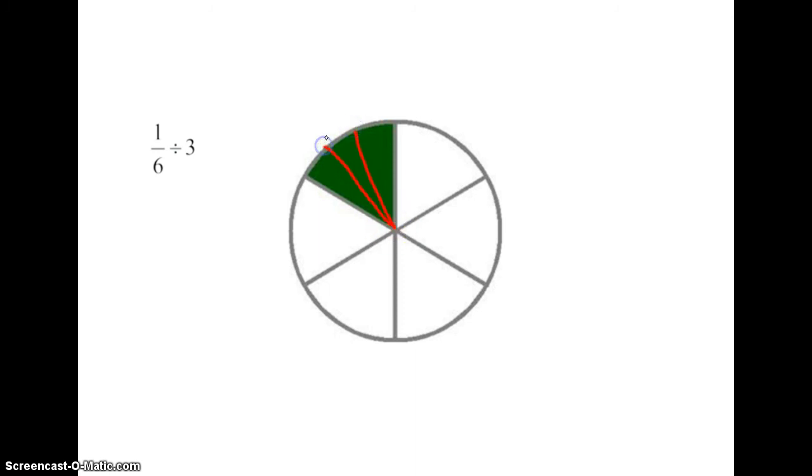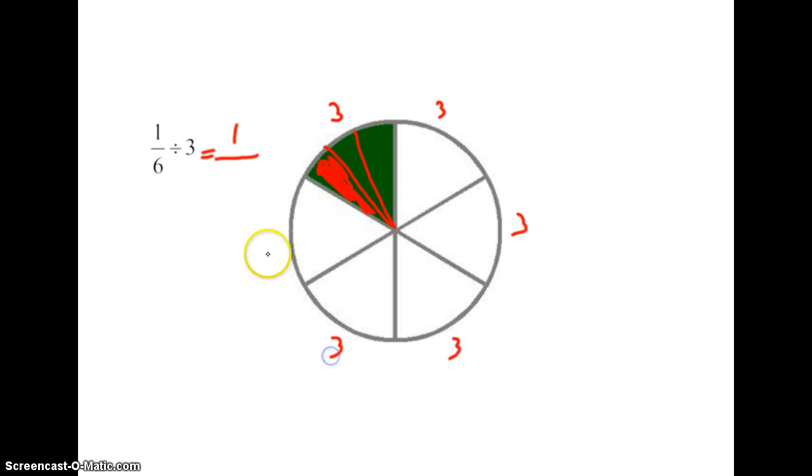So if I divide that into thirds, one section we claim. Now, our numerator is 1, what would our denominator be? If I'm dividing this part into thirds, then I'm dividing these other sections into thirds as well.